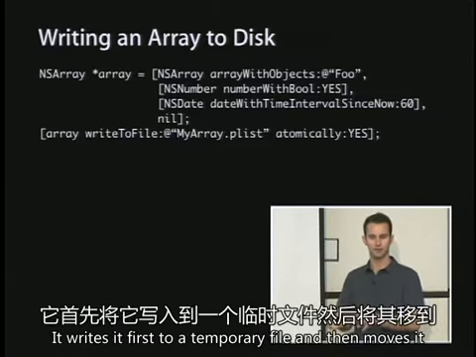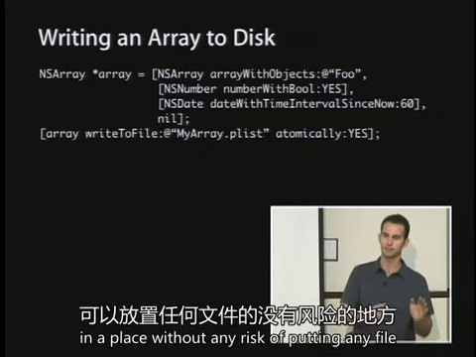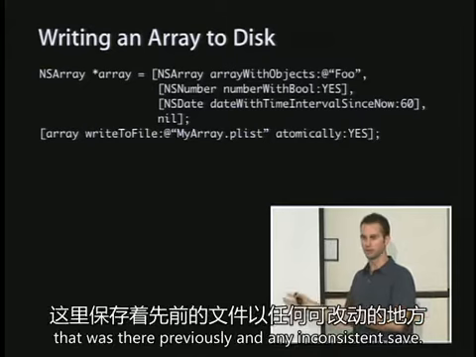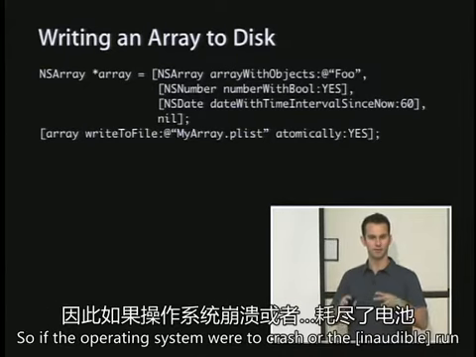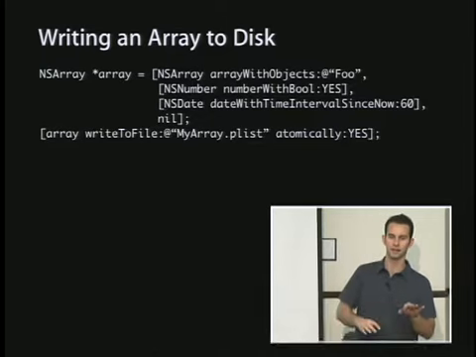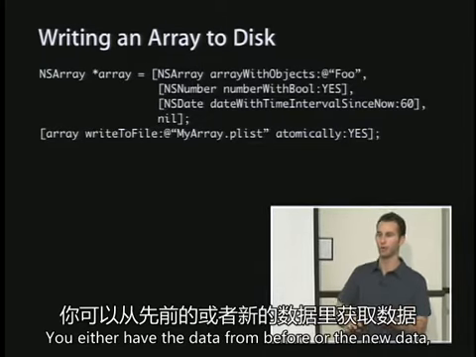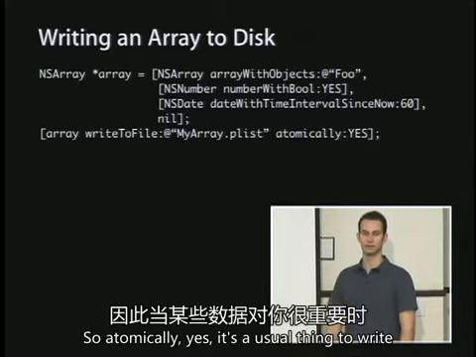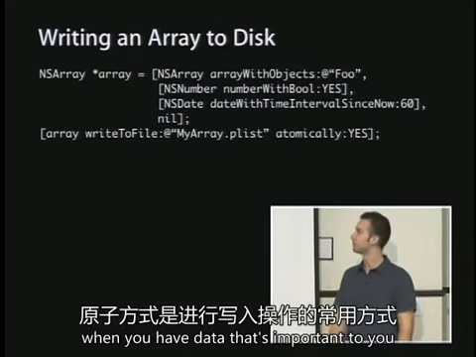It writes it first to a temporary file and then moves it into place without any risk of putting any file that was there previously in an inconsistent state. So if the operating system were to crash or the iPhone run out of battery power, you wouldn't lose any data. You'd either have the data from before or the new data, no bad intermediate state. So atomically, yes, is a useful thing to write when you have data that's important to you.